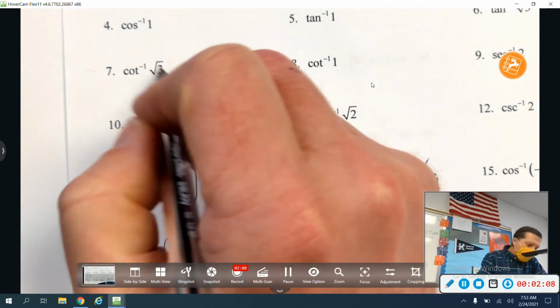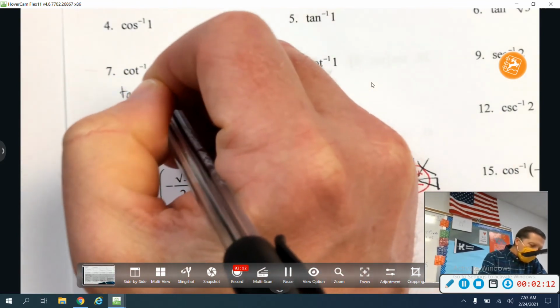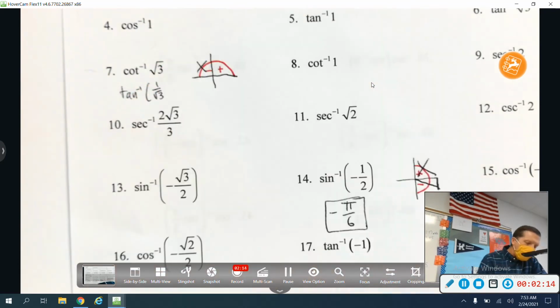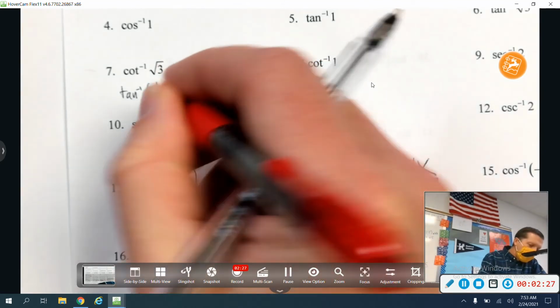I don't really think about cotangents. I'd rather think about tangents. So I would flip that over so that I can think about tangents. The tangent 3 trick still works, but it has to be in simplified form, so I need to fix that square root thing.